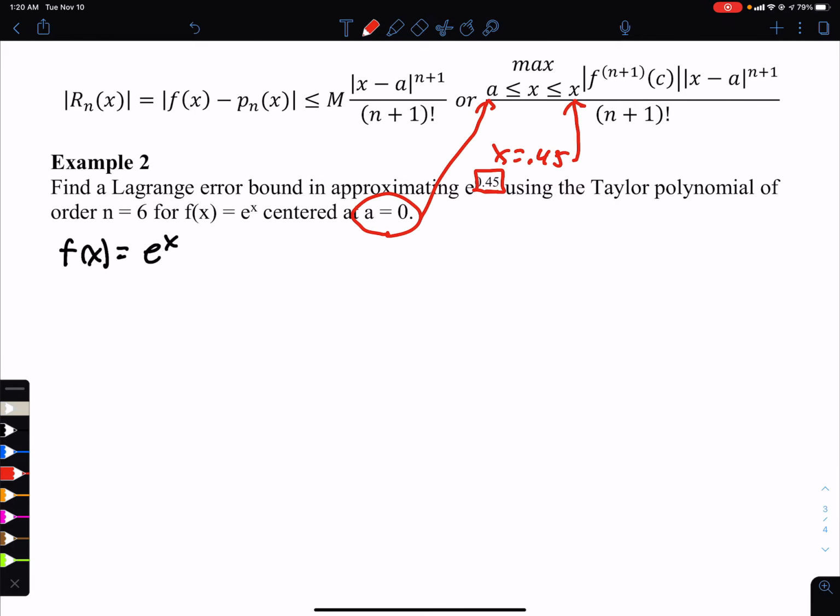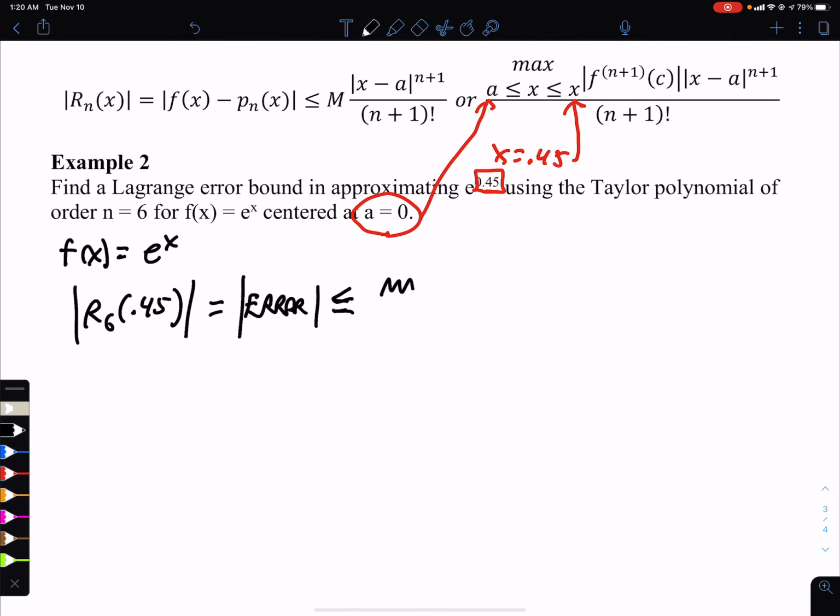So we want the Lagrange error bound. We can say the remainder for a, what degree is this? 6th degree at 0.45, which I can say is the error. And that's going to be less than or equal to, and here's the wording again, the maximum value.